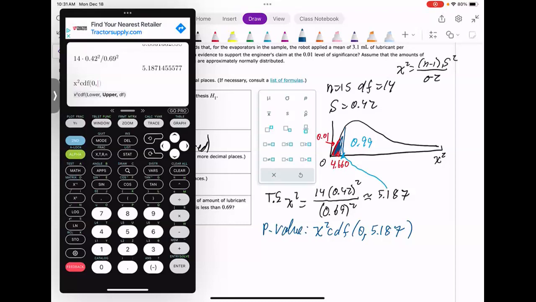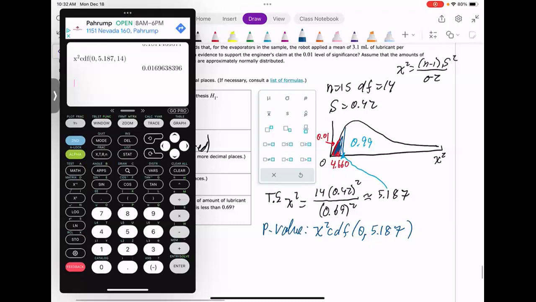Again, this one does start at 0. However, if it doesn't, you would have to start at the test statistic and go off to positive infinity, which is the 99999. But that doesn't apply to either of these cases. And we need our degrees of freedom, which is 14.